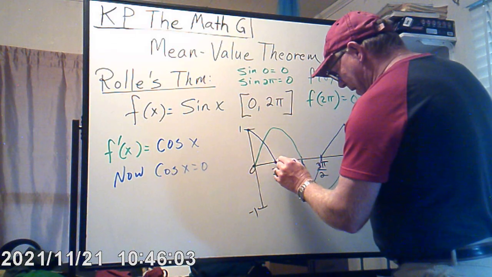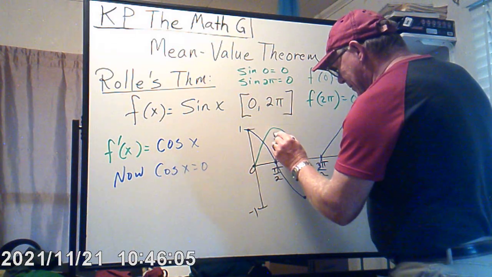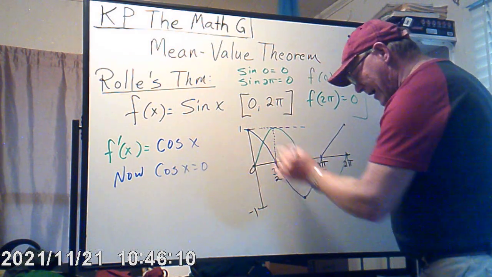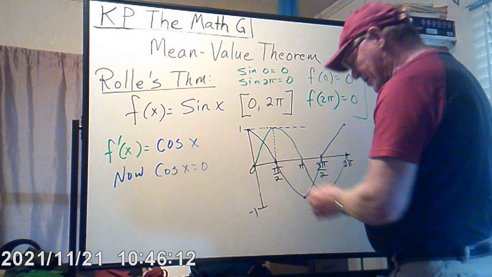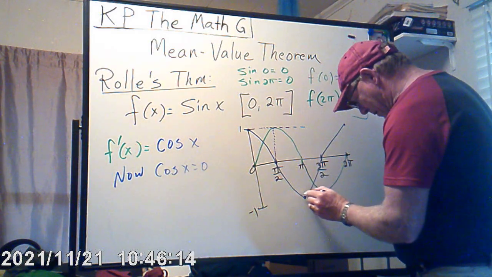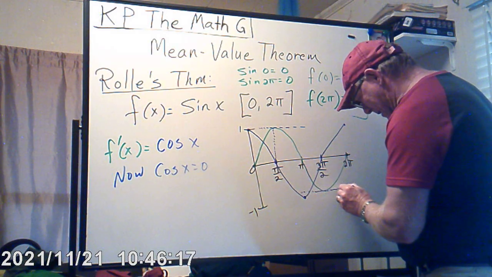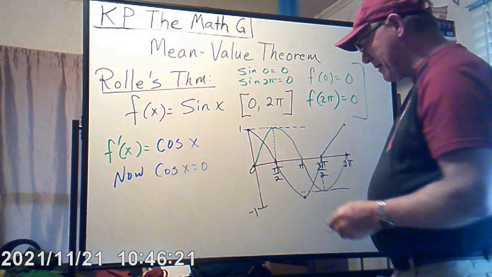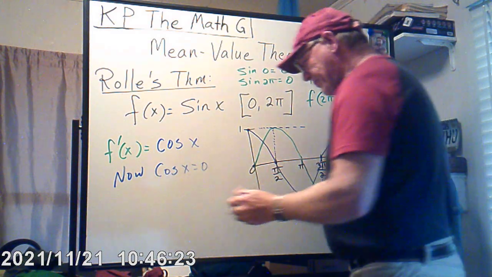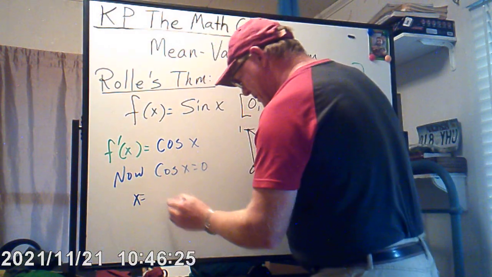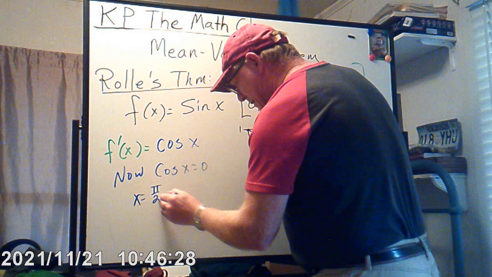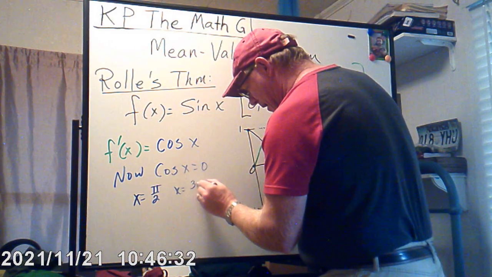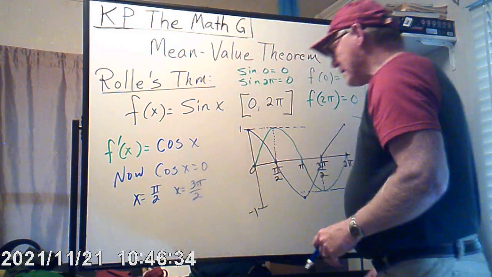If you look at the y value, that's going to produce a horizontal tangent at pi over 2, and then another horizontal tangent at 3 pi over 2. That's what Rolle's theorem is about. So x equals pi over 2 and x equals 3 pi over 2.